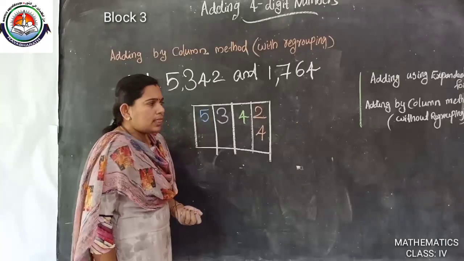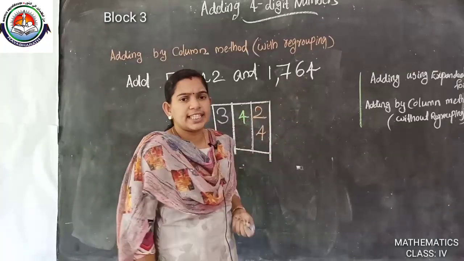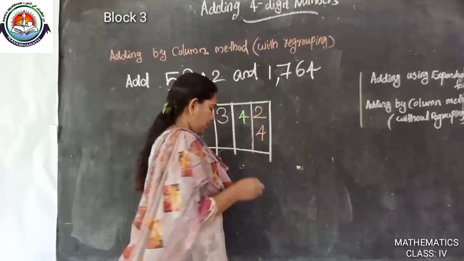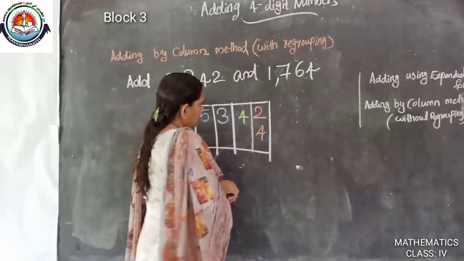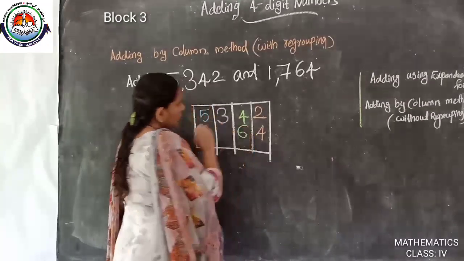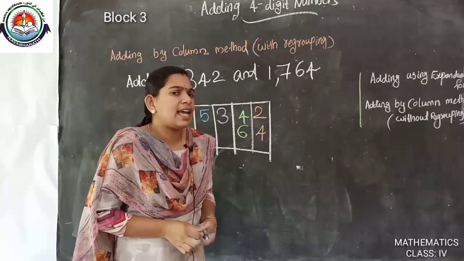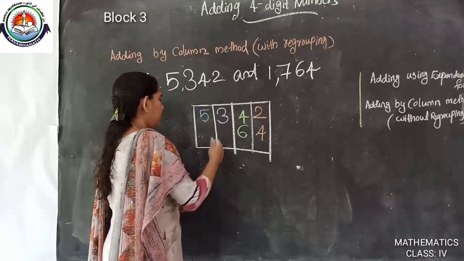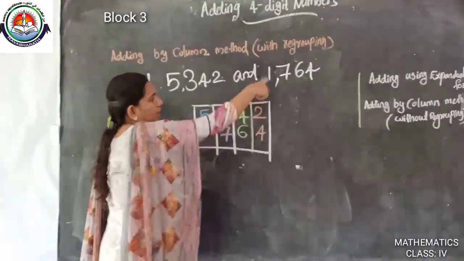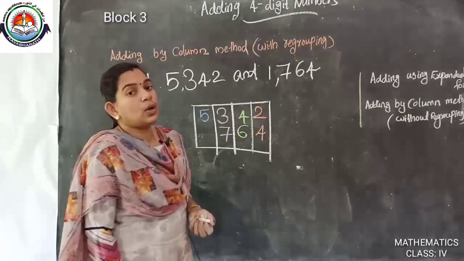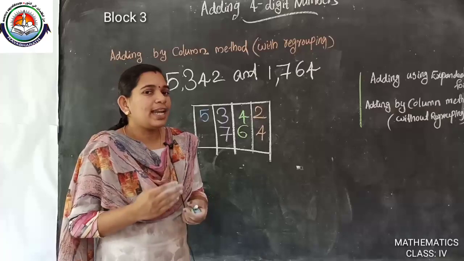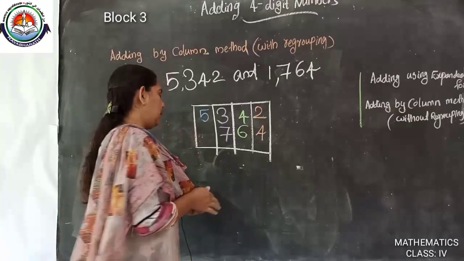Then second digit 6. Where do we place it? Just below 4. Then 7. Where do we place 7? Just below 3. Then the thousands place 1. Where do we place 1? Very good. Just below 5.